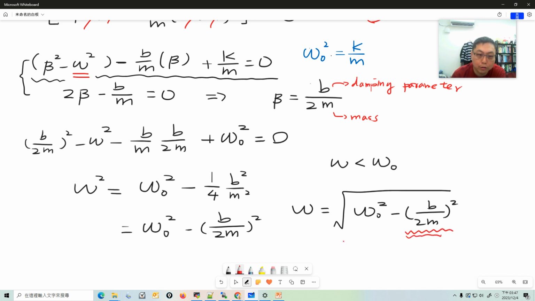This term relates to the damping parameter, right? So in damped oscillation, the angular frequency is no longer the natural angular frequency. It is controlled by your damping parameter b, which also controls your beta, and it's very important.